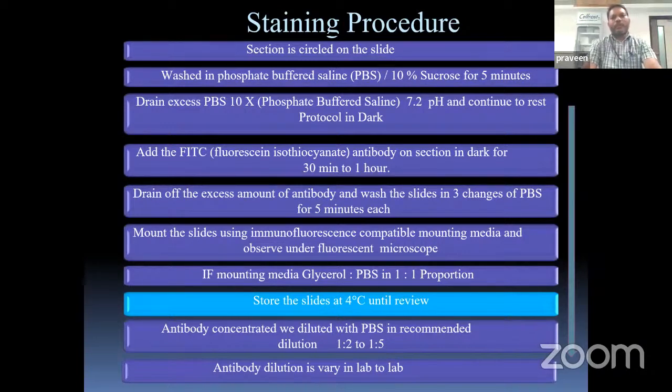Drain off the excess antibody and wash the slide in 3 changes of PBS for 5 minutes each. Mount the slide using immunofluorescence compatible mounting media and observe under the microscope. The mounting media is glycerol plus PBS in a 1:1 proportion. Store the slide at 4 degrees Celsius until it is reviewed.